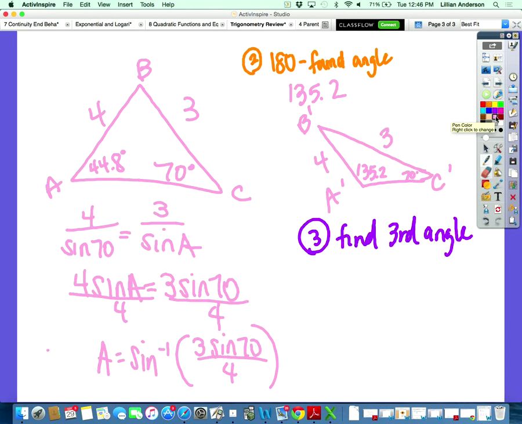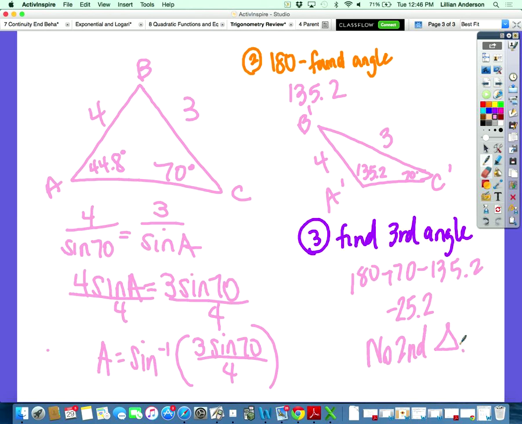It's a negative 25.2. I cannot have a negative angle here, so there is no second triangle. It's only the one triangle from the beginning.